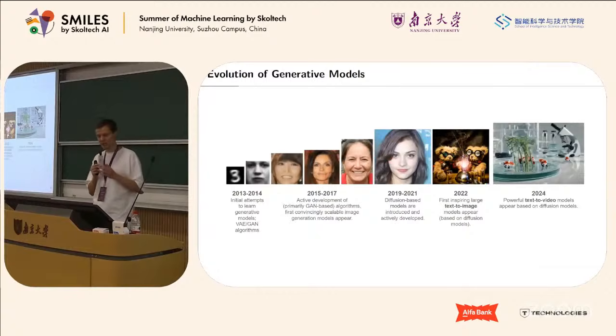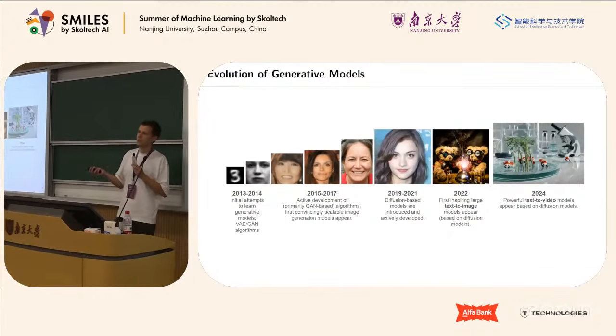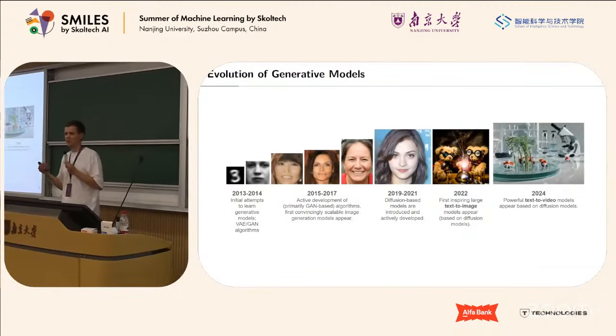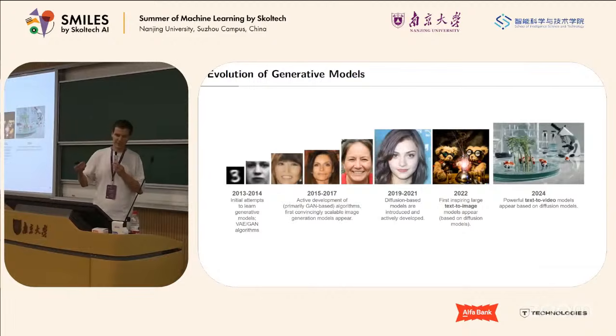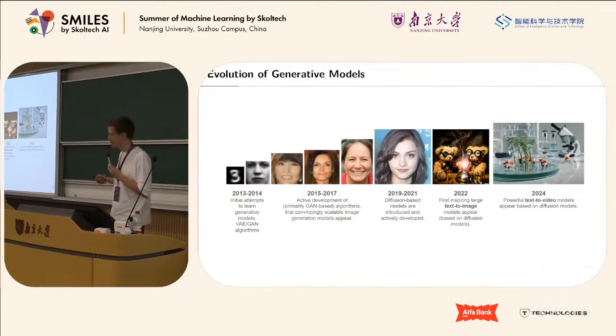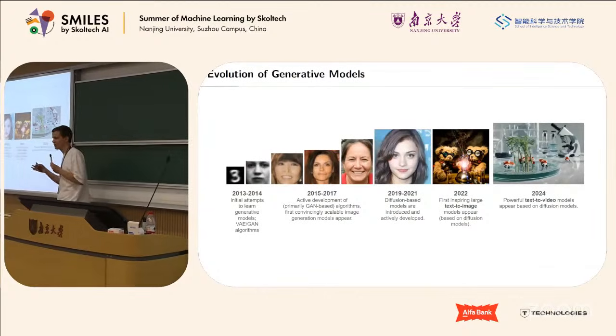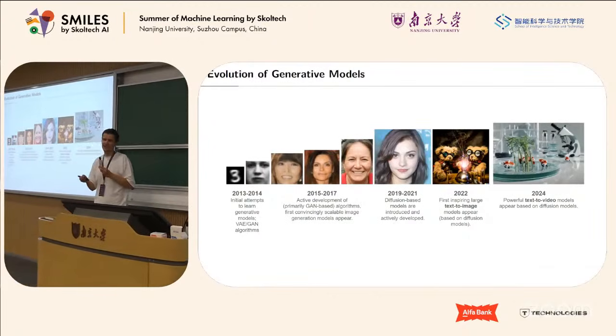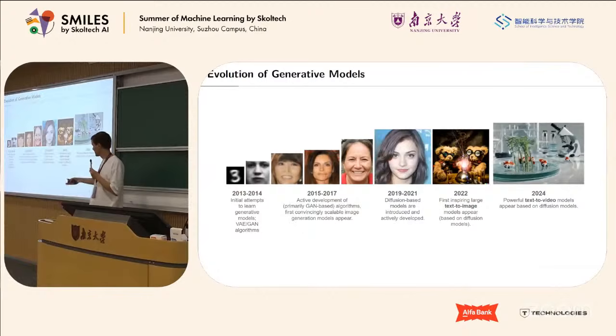In 2013, 2014, it all started with the introduction of so-called generative adversarial networks and variational autoencoders, which were the first generative models which managed to generate images. They managed to produce very low quality, small resolution, grayscale images like MNIST digits, or the TFD faces dataset and so on.